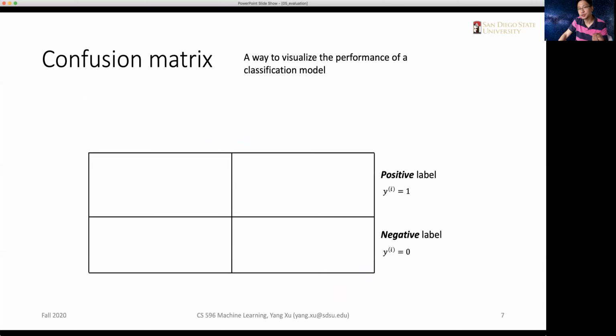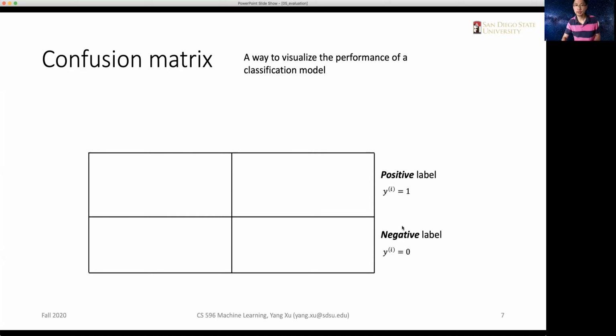What we can do is place the actual labels into rows. So we place all the data points that are actually positive, or labeled as 1, into the first row, and all the data points that are actually 0 in the second row.